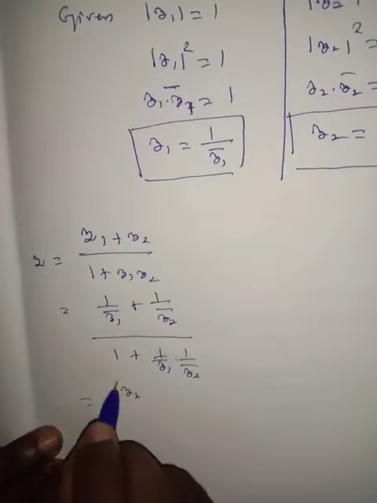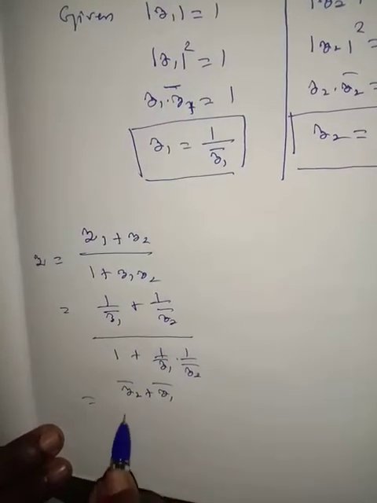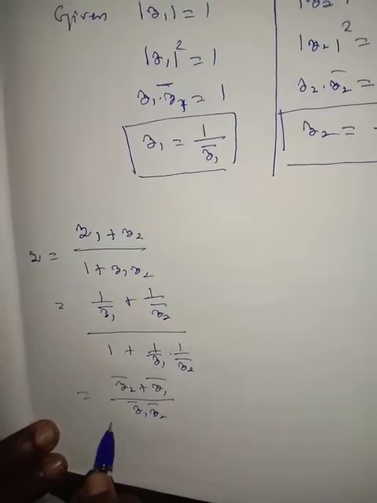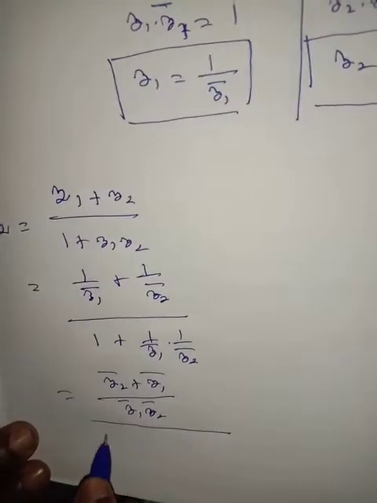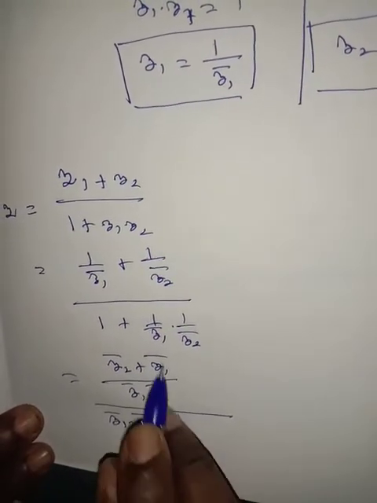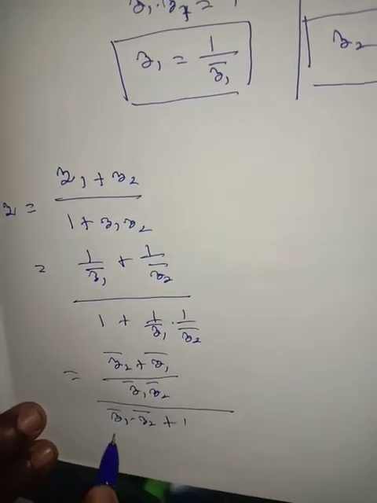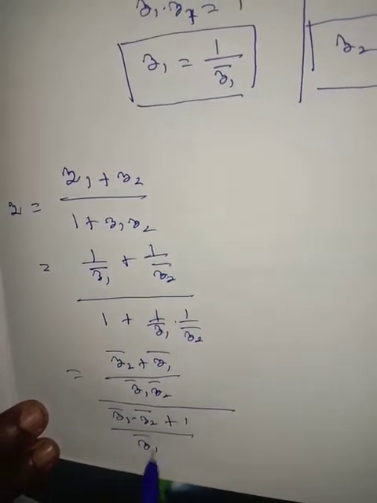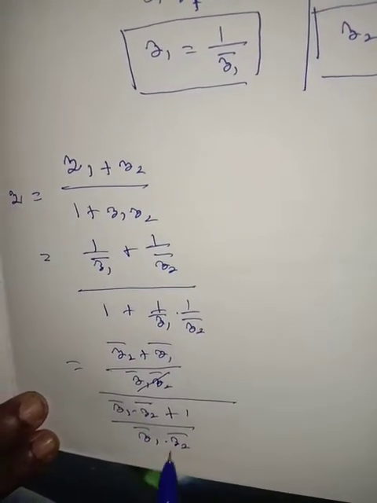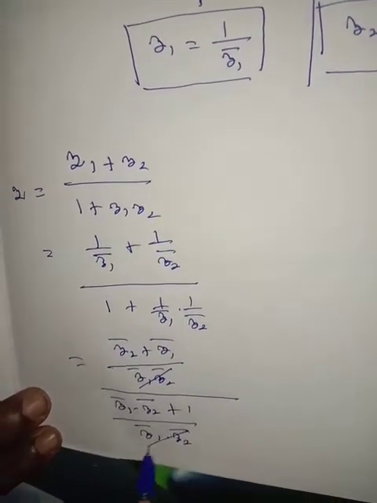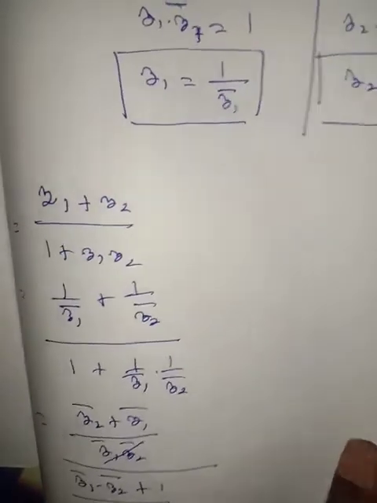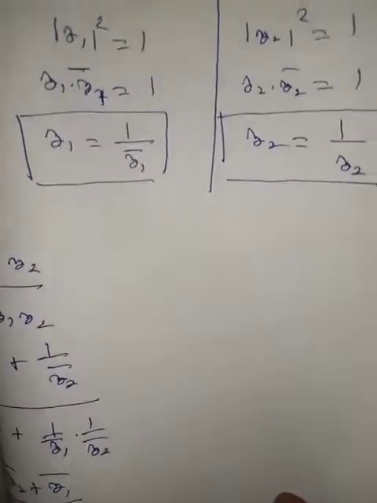(Z2 bar plus Z1 bar) divided by Z1 bar Z2 bar, divided by (1 into 1 is 1, plus 1) divided by Z1 bar Z2 bar. The denominators Z1 bar Z2 bar cancel. We get Z1 bar plus Z2 bar.